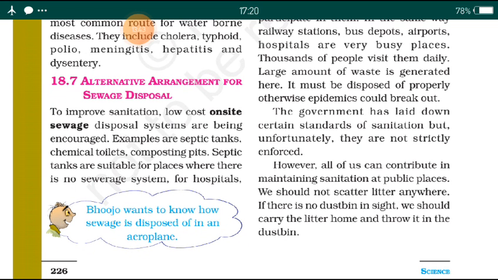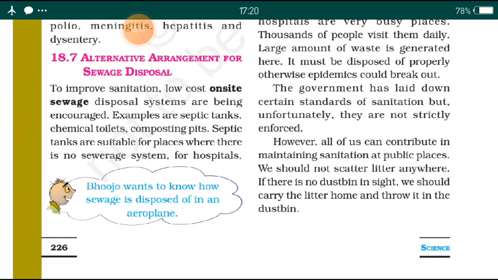Thousands of people visit them daily. A large amount of waste is generated here. It must be disposed of properly, otherwise epidemics could break out.